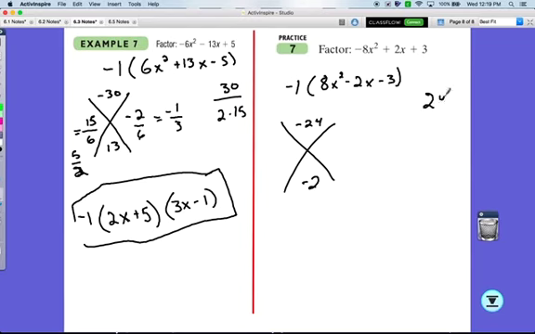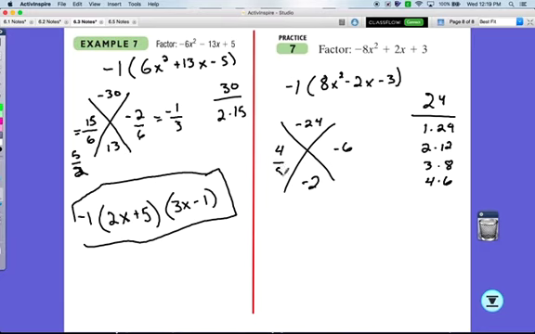So for 24, we've got 1 and 24, which isn't going to work. 2 and 12, that's not going to work. 3 and 8, not going to work. 4 and 6 will though. And so I need to have a 4 minus the 6.